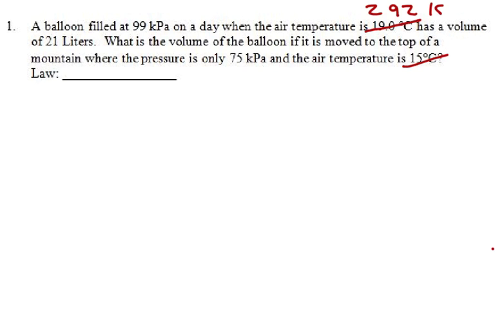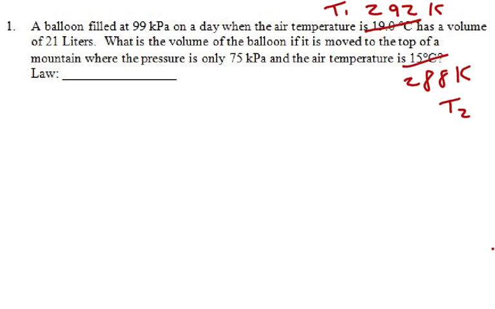Same thing here with 15 degrees: 273 plus 15 is 288 Kelvin. Now if I don't change those to Kelvin, my answer is going to be wrong. So this is the temperature, and this is the temperature.